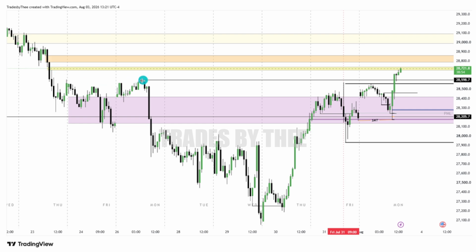So apart from this liquidity target, which are equal highs and these equal highs, I'm looking for these imbalances to be mitigated, probably to be used as springboards for price to keep spooling higher. So these were my final targets, but my logical liquidity target was above the Asia highs and above the previous daily highs.